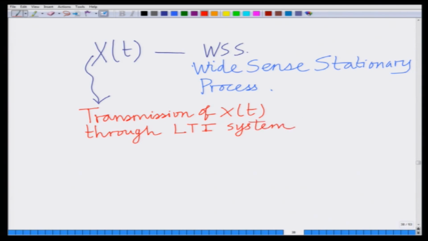So we have considered what happens when this wide sense stationary random process X(t) is transmitted through an LTI system, or a linear time invariant system.